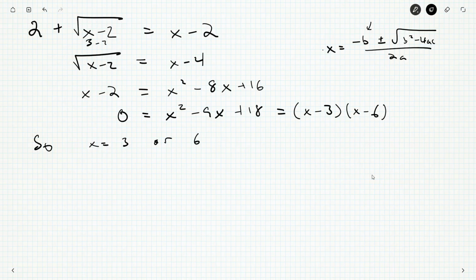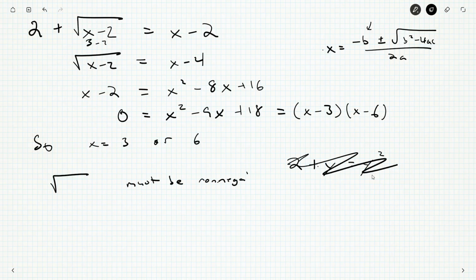So while that's certainly a possibility, maybe that's a reason why we don't want to change this to something like this. Because the square root sign here actually means the answer must be non-negative. And if I plug in 3, and this is something you should do anytime you get only a few answers, just plug them in really quick to check.